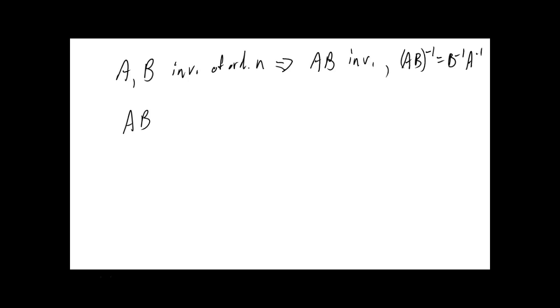So what they're going to do is start with AB and multiply that on the left by B inverse A inverse, because we said that's going to be the inverse of this. So if it is, then the product of this had better be the identity matrix. Exactly. Well, if you go back to one of the characteristics of multiplying matrices, remember, they were associative. Not commutative, but associative.